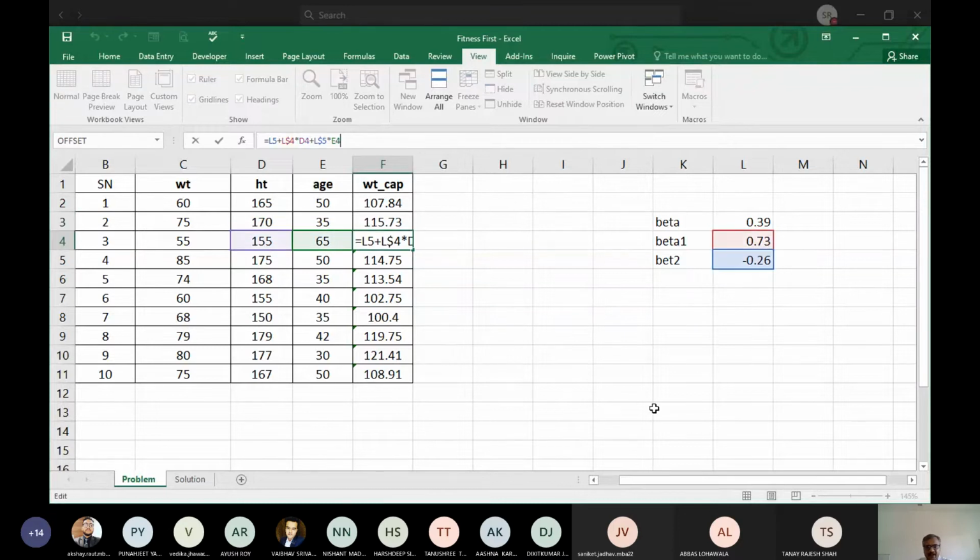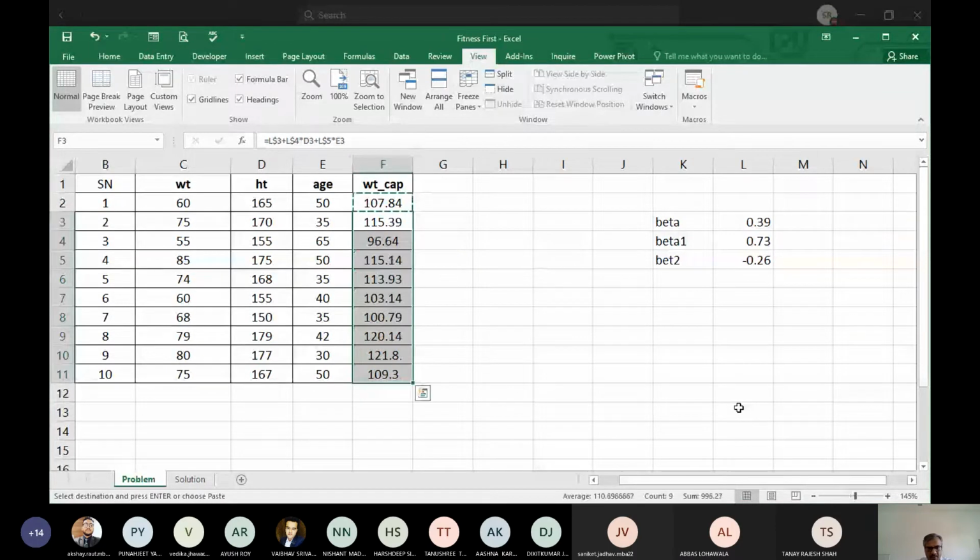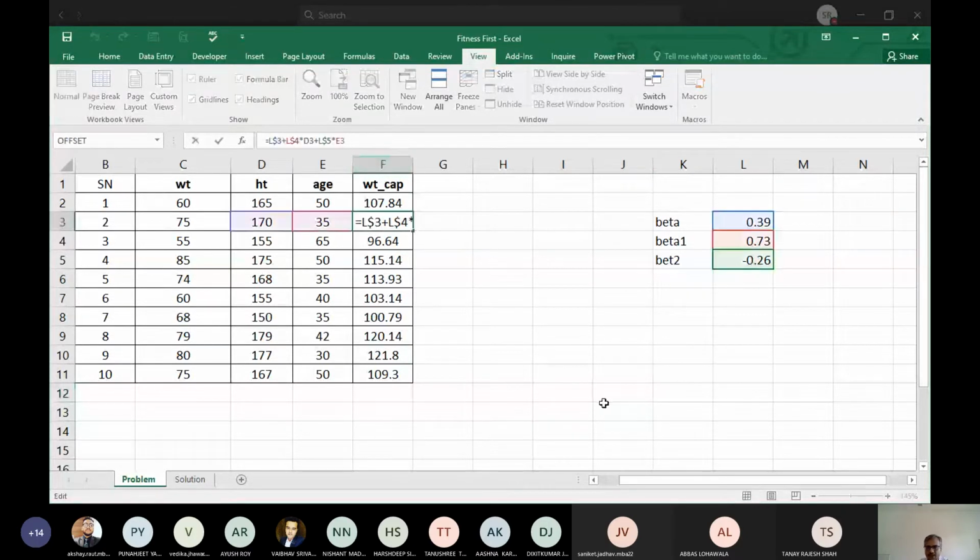Same thing every time. I made this absolute. Beta 0 is having some issue. Yeah, this is the correct value. So these are the values of y cap.